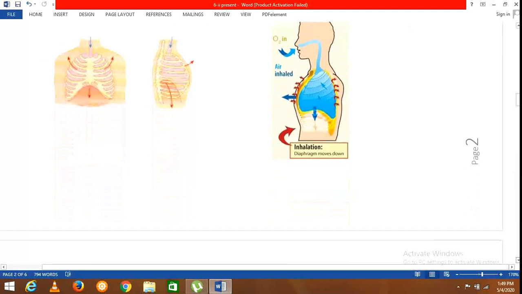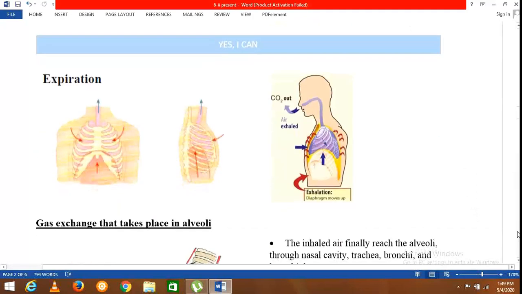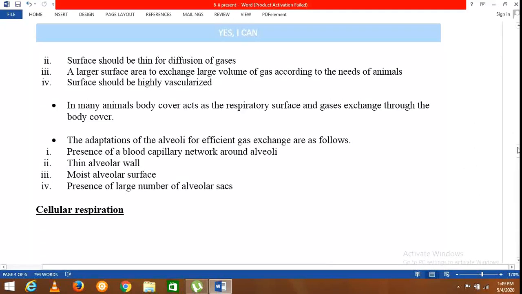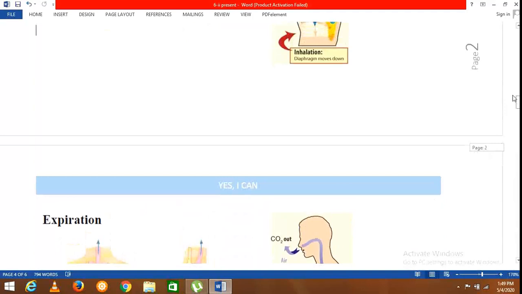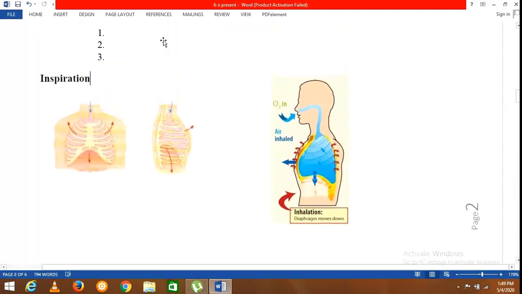During inspiration, air enters into the lungs. For air to enter into the lungs, the volume of the thoracic cavity should be increased, as we have learnt earlier from the model that we had prepared.